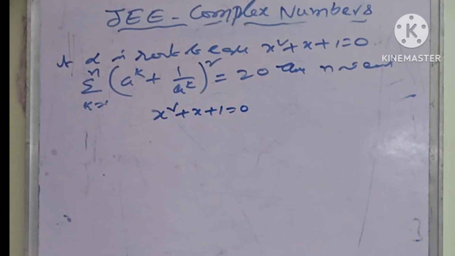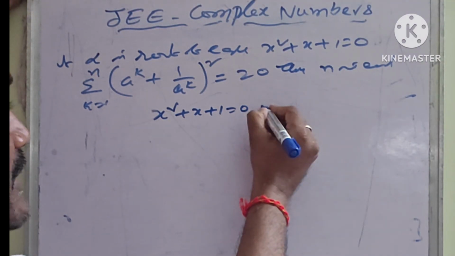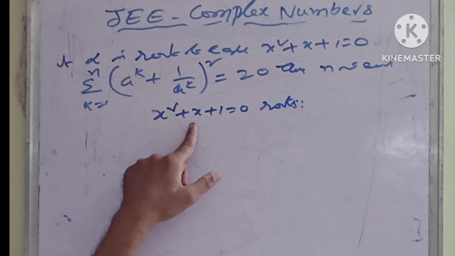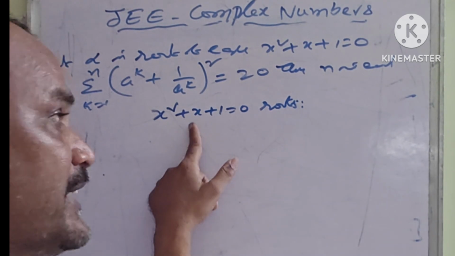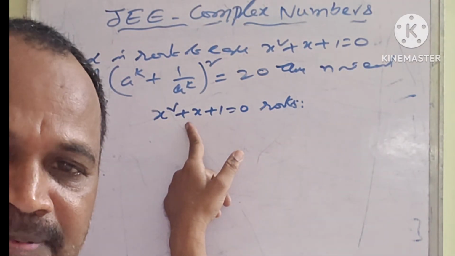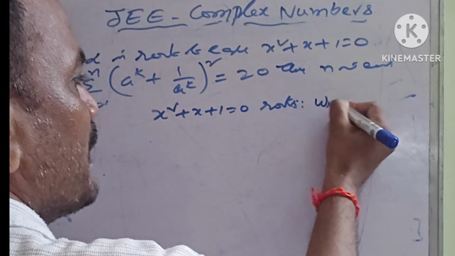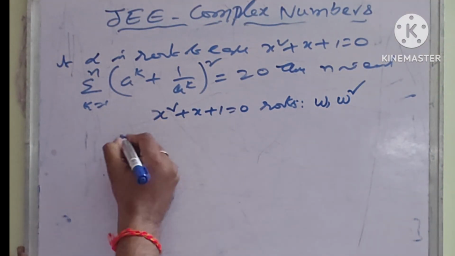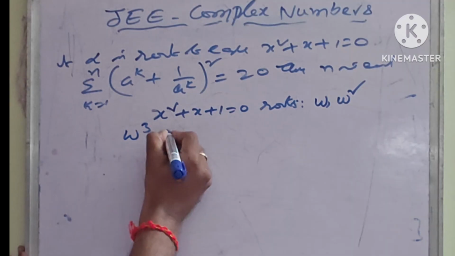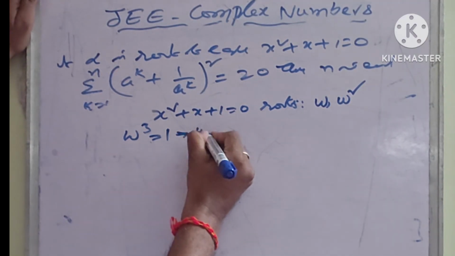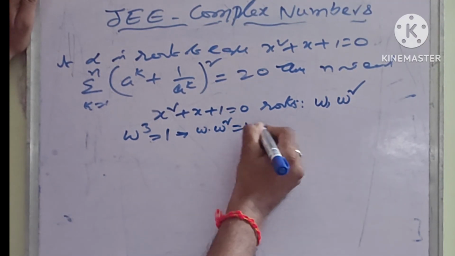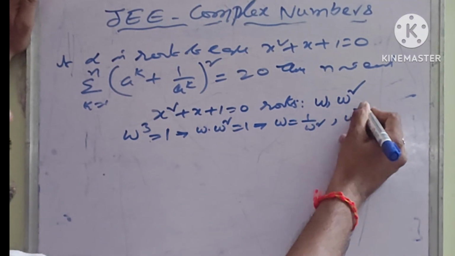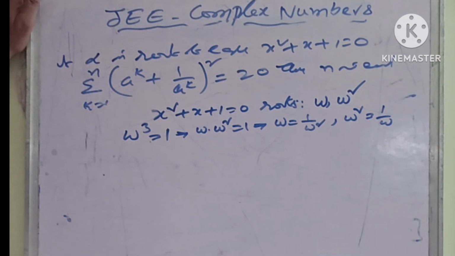Then the roots, we know that the roots are minus b plus or minus root of b square minus 4ac by 2a. Here minus 1 plus or minus I root 3 by 2. Then the roots are omega and omega square. So here the condition omega cube is equal to 1. That means omega into omega square is equal to 1. Here omega is equal to 1 by omega square, or omega square is equal to 1 by omega.